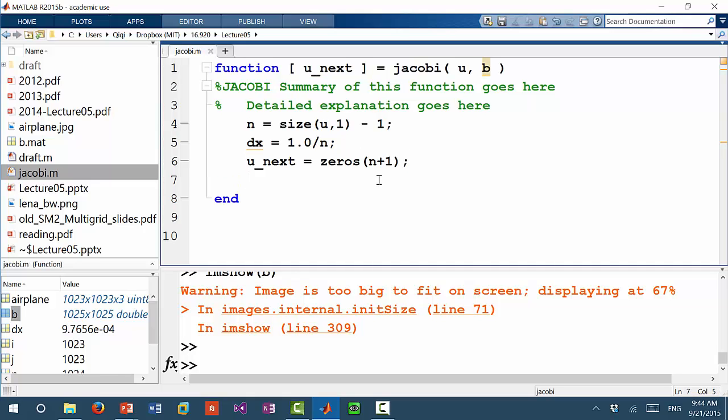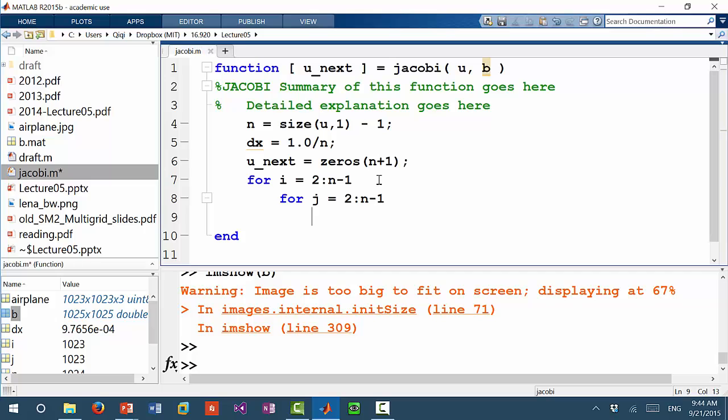Here I'm going to implement the Jacobi iteration. For i goes from 2 to n minus 1, for j goes from 2 to n minus 1, I perform u next of ij equal to the inverse of the diagonal matrix times b minus (L plus U) times my previous u. The inverse of the diagonal matrix is minus dx squared divided by 4.